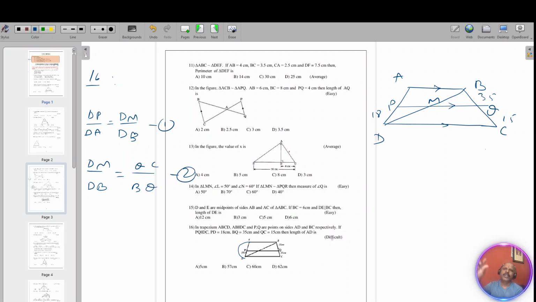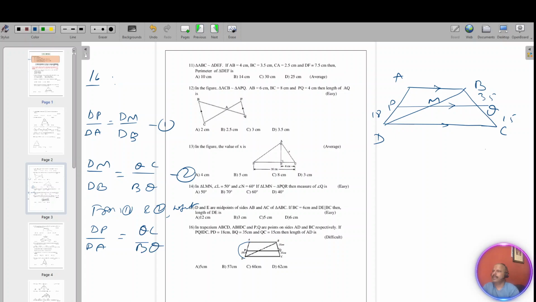Corresponding sides you have to write. They're similar because PQ, AB, DC are all parallel. So from 1 and 2 we get DP by DA equal to DM by DB, which is common. So we take the right hand side of the second one, that is QC by BQ.